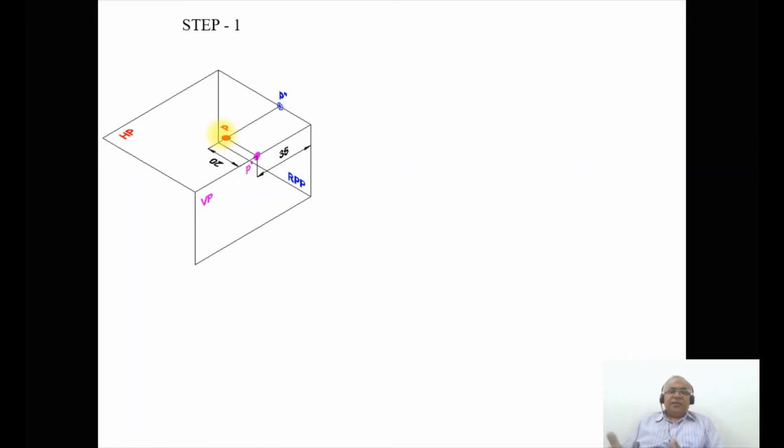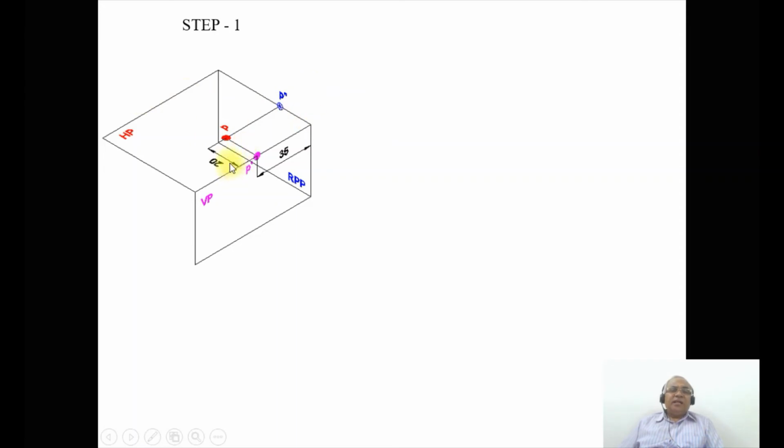Since the distance given is 20 mm behind VP, from here you measure 20 mm and mark this point small p. And now as we see from the profile view, since it is behind VP, it should always be looked at from the right side view. The image is going to fall on the RPP.